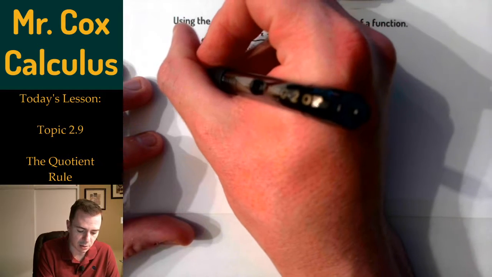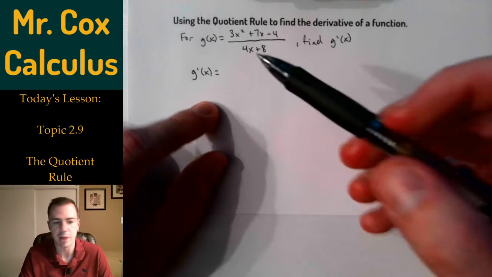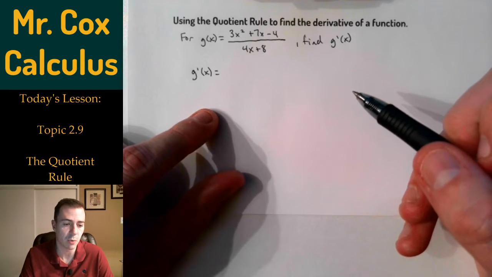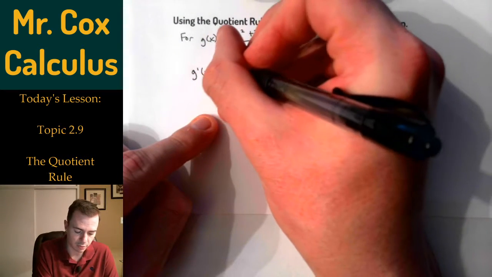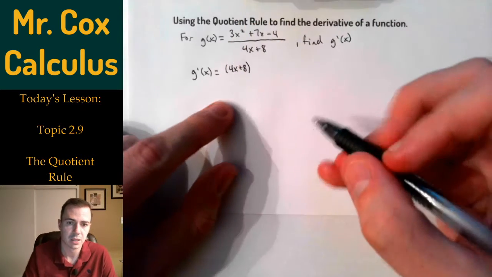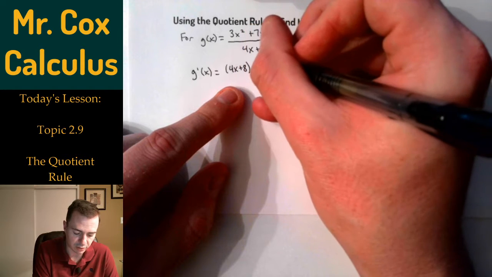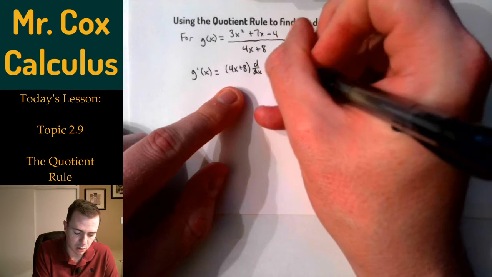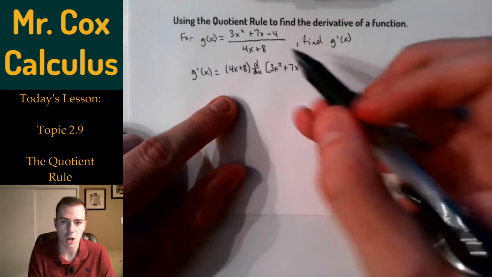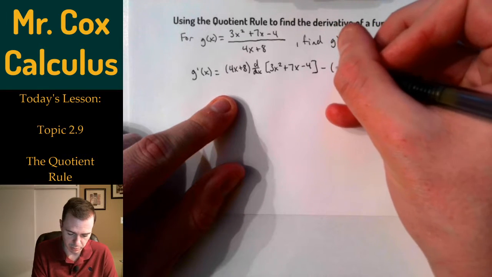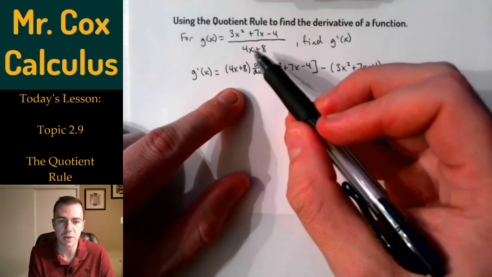So let's see if we can apply this quotient rule using that little mnemonic that I gave you, low d high minus high d low over low squared. So I want to start off with low d high. Low being this denominator, 4x plus 8, d high, so the derivative of the numerator, so I want the derivative of 3x squared plus 7x minus 4, minus high d low, so high would be the numerator, which is going to be 3x squared plus 7x minus 4, times the derivative of low.